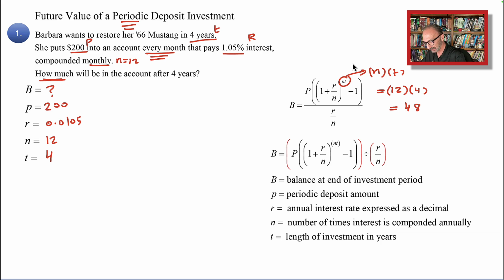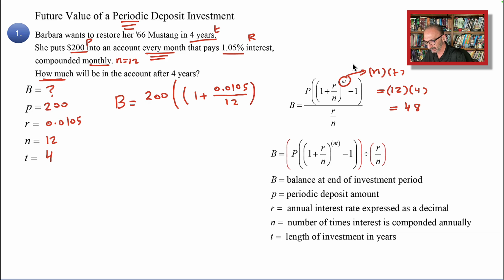So B equals, we have 200. That's the principal, the starting amount. Open parentheses. Another one. 1 plus 0.0105 over 12.